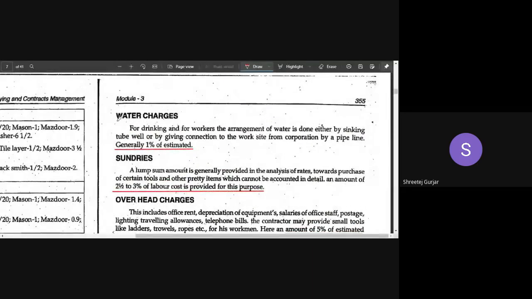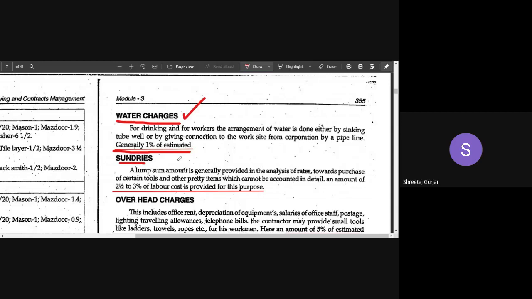Now, water charges. Water is required for various kinds of work, for curing and for mixing with cement. Generally, we keep 1% of the estimated cost as water charges.